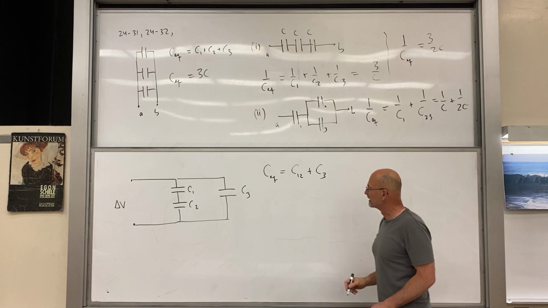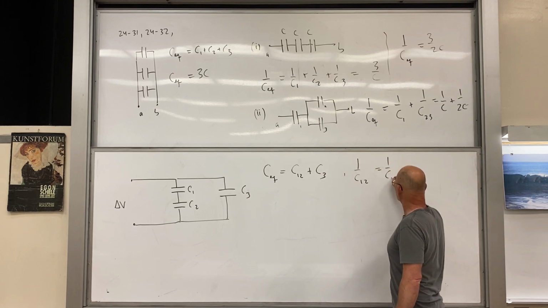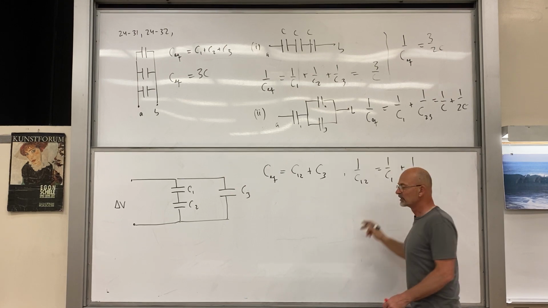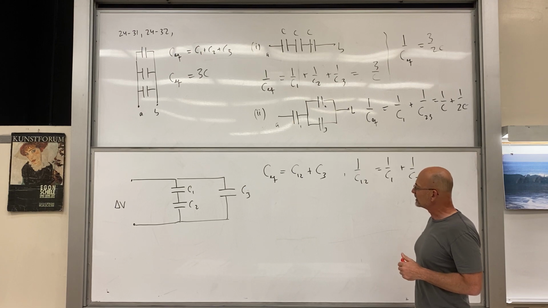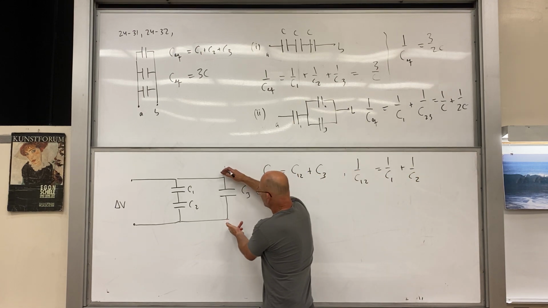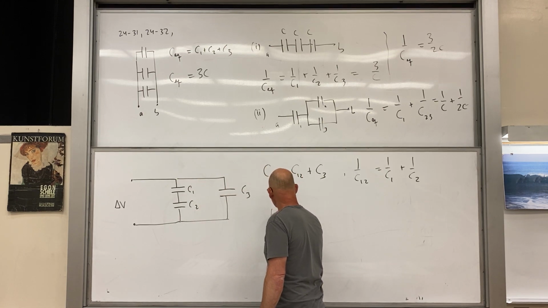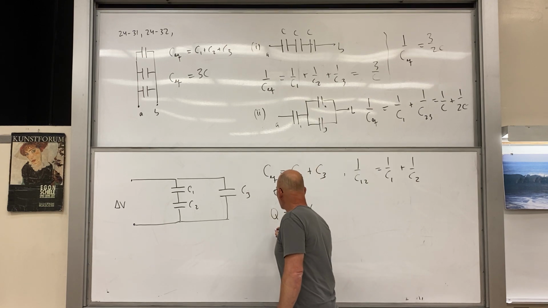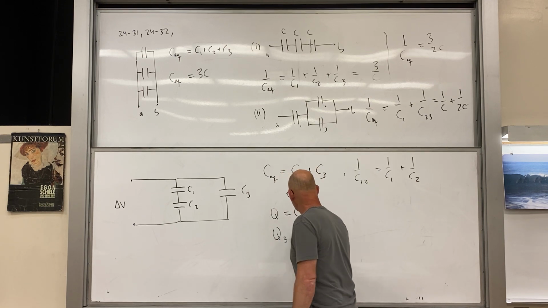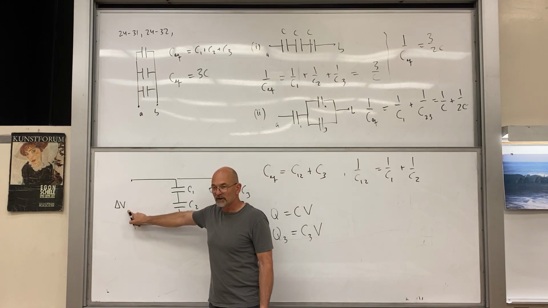Okay. And then 1 over C12 is equal to 1 over C1 plus 1 over C2. So you just work through systematically. What about the potentials and the charges? Well, the potential's the same over here and here, so we can say that Q is CV, so Q3 would be C3 times this V, or delta V that's been given.